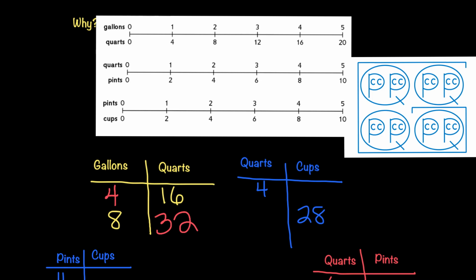So if I have 4 quarts, what am I going to do? I'm going to multiply, because in each quart there's 4 cups. If I have 4 quarts, that means 4 times 4, which is going to give me 16.